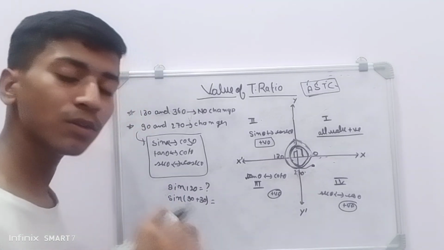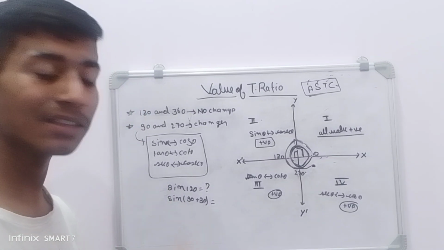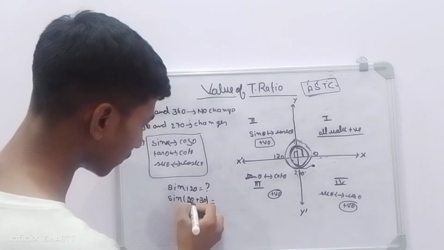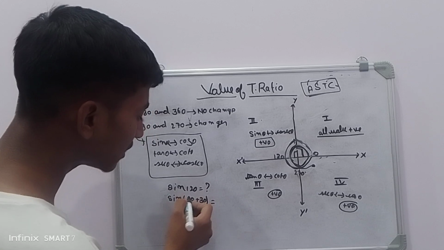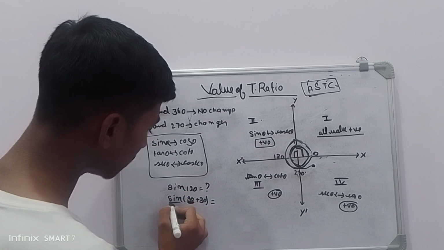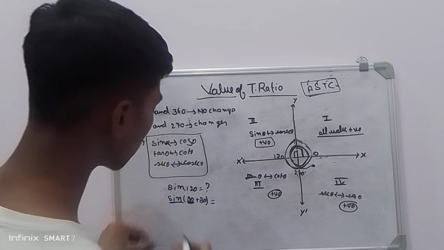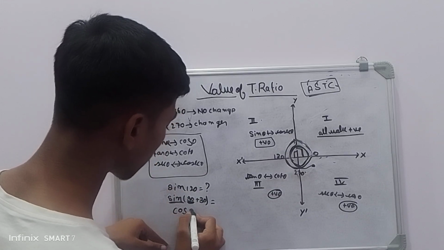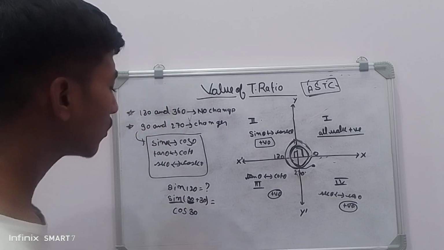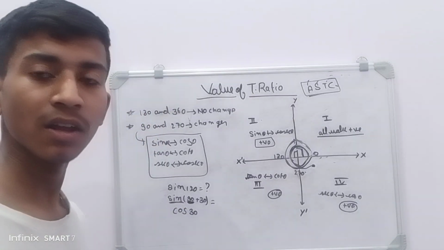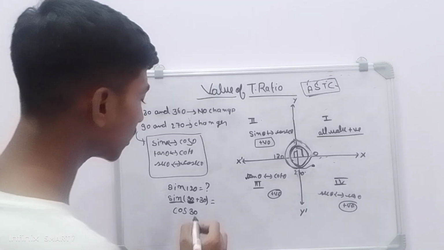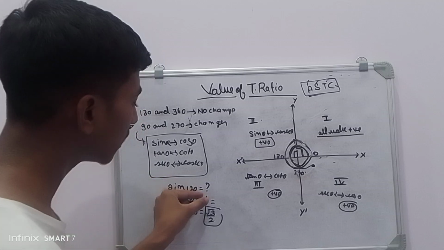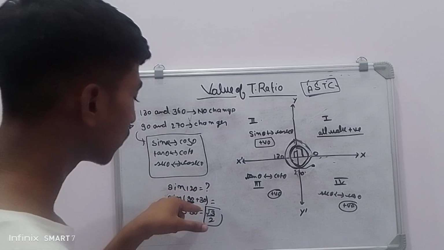As I said, when you take the reference as 90, the value changes. So sine changes into cos, and you write cos 30 degrees. What is the value of cos 30 degrees? You know that cos 30 degrees is root 3 by 2. So the value of sine 120 is root 3 by 2.